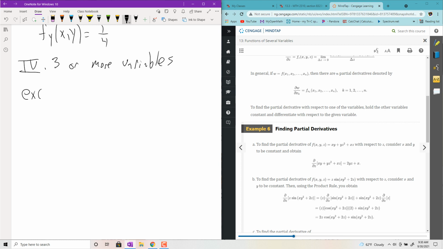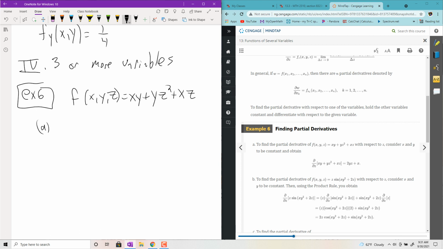Looking at example 6, we have the function f of x, y, z equals xy plus yz squared plus xz. First off, let's get the partial with respect to z.